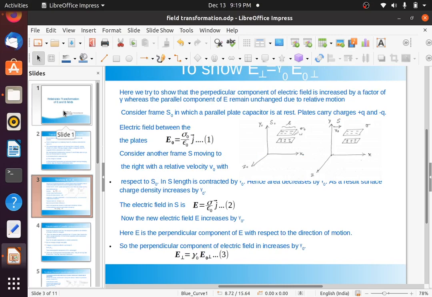Next, we are going to show how the electric field transforms. For the electric field transformation, we are not going to consider the case of magnetic field.